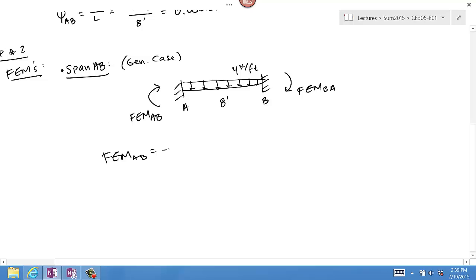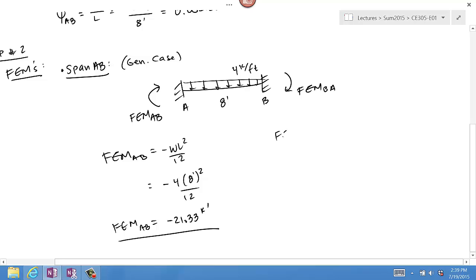So this will be minus WL squared over 12, which is equal to minus 4 times 8 squared over 12. This gives us minus 21.33 kip feet for FEM-AB. Similarly, FEM-BA is positive WL squared over 12, which is basically the same number except it's positive, 21.33.